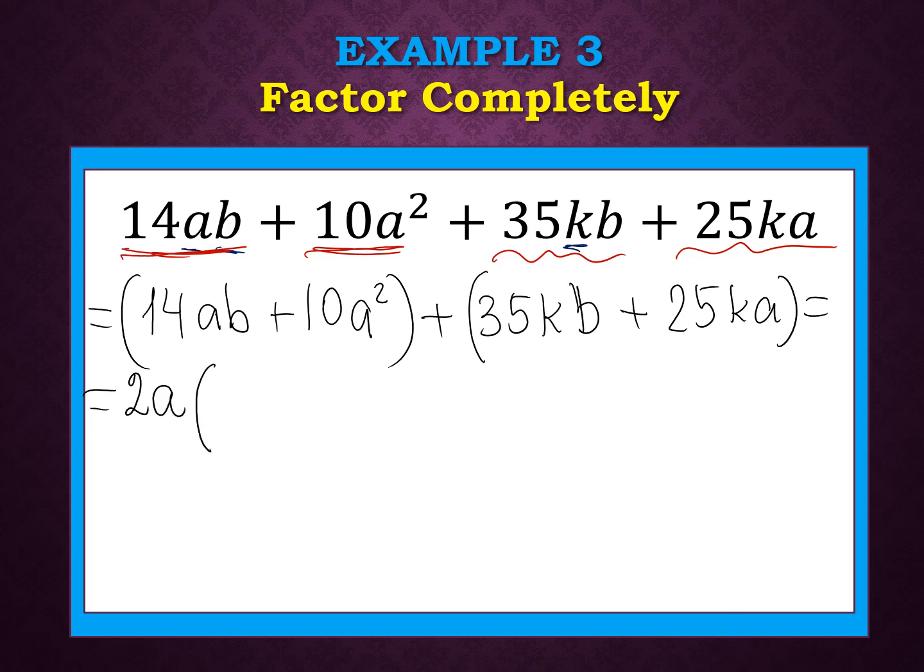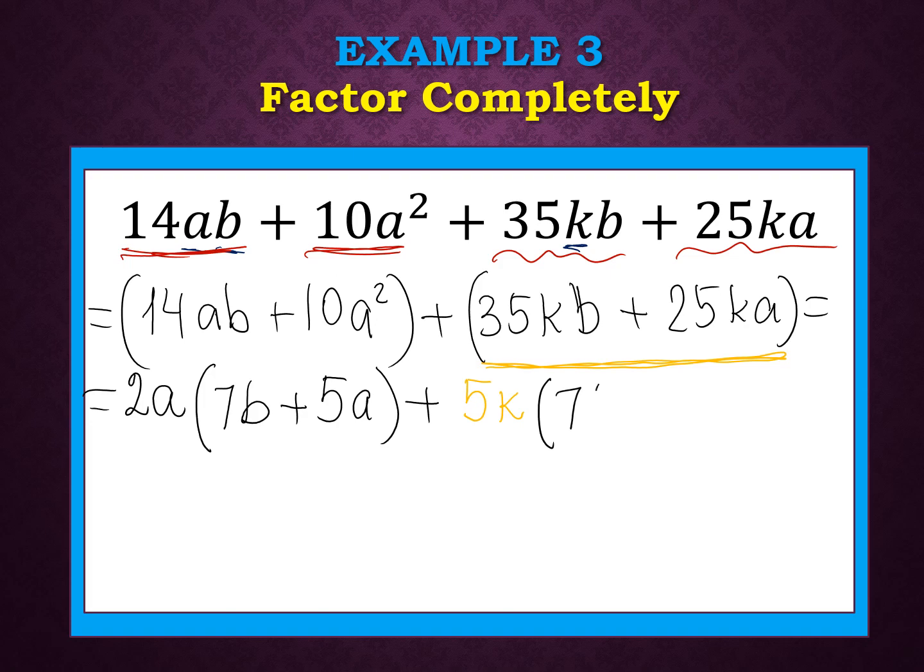So 14ab divided by 2a is 7b, plus 5a. The second parenthesis has greatest common factor 5k. We have 7b plus 5a.